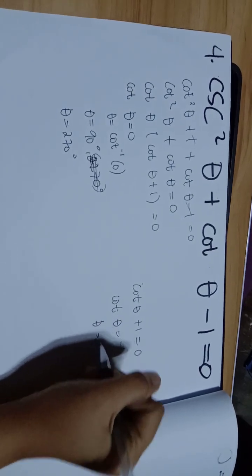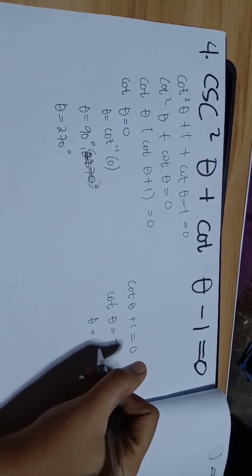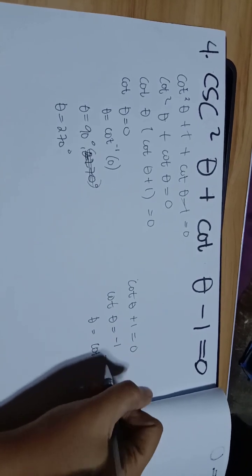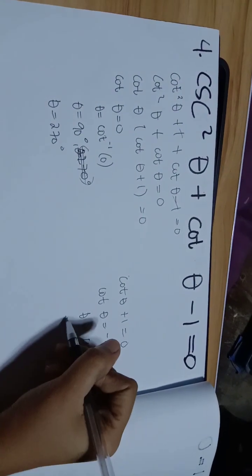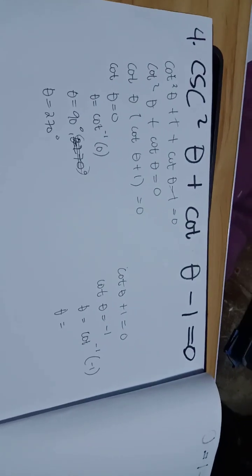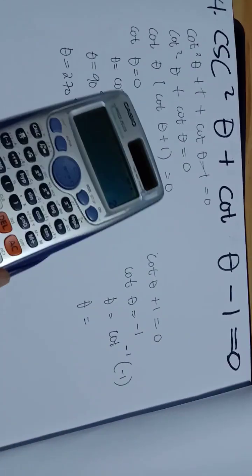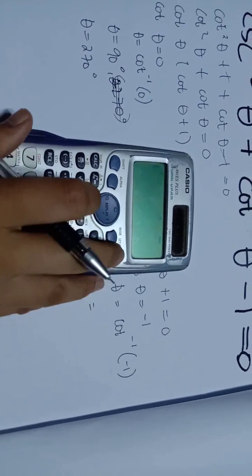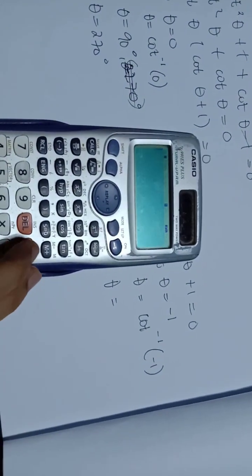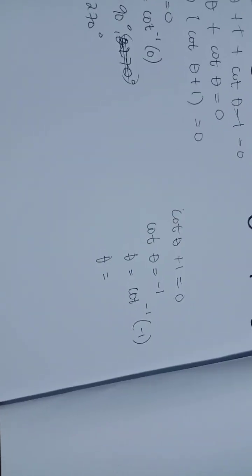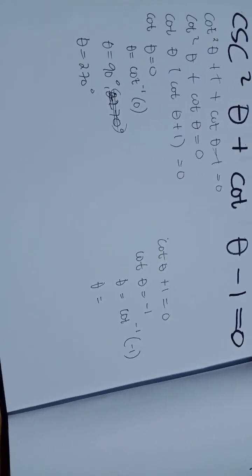So how about this one? Cotangent theta equals negative 1. Theta equals arc cotangent of negative 1. Using the calculator, press shift, then input the value.